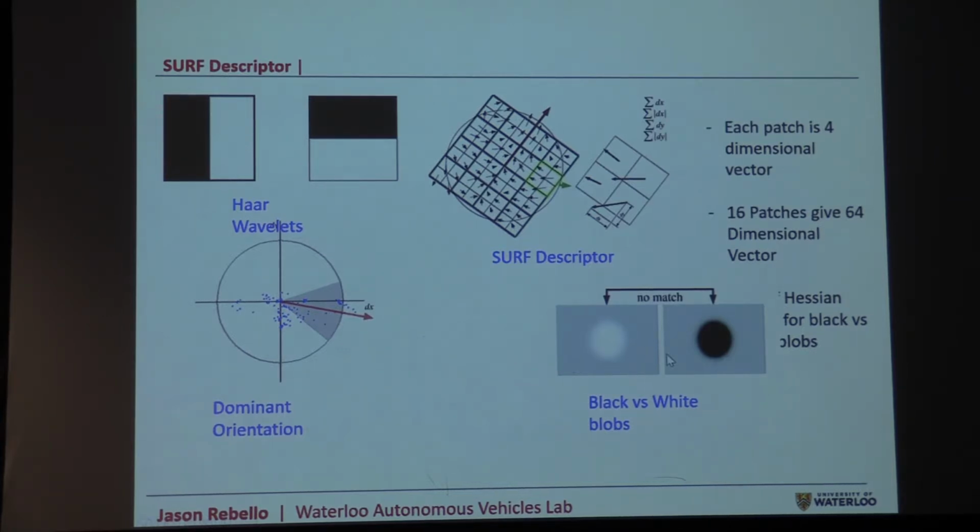The other point that distinguishes SURF from SIFT is that while calculating the Hessian or the determinant at that point, it also stores the sign. By storing the sign, it's able to distinguish whether it has a white blob on a darker background or a black blob on a lighter background.